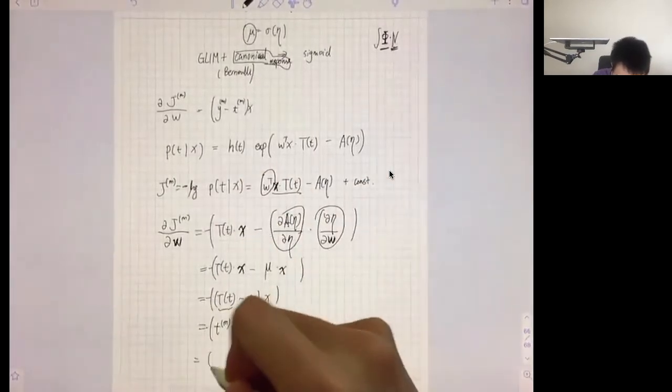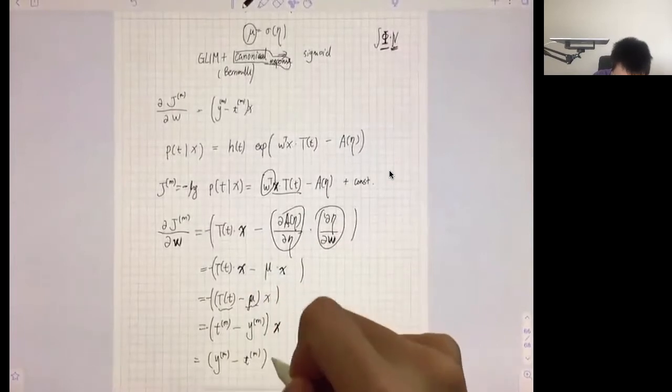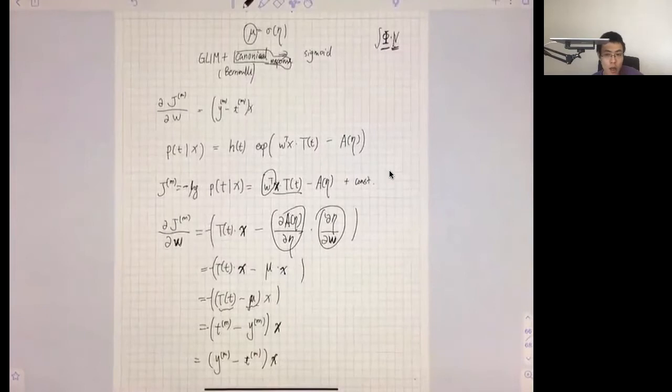Then it's the same as what we have seen.